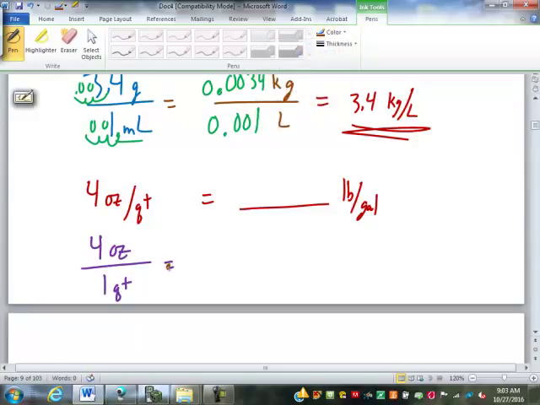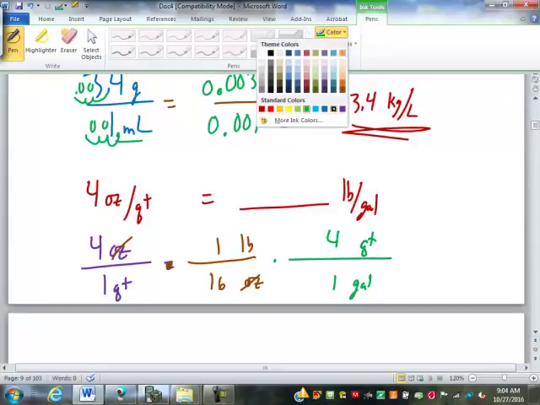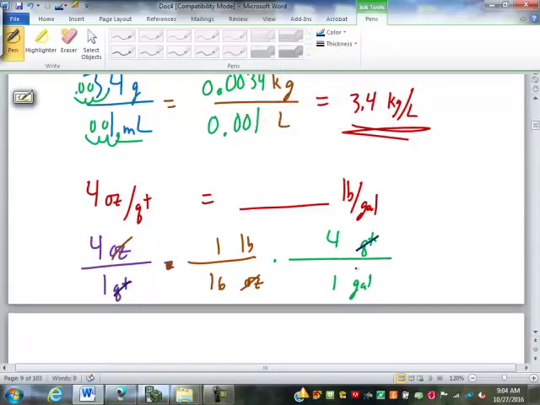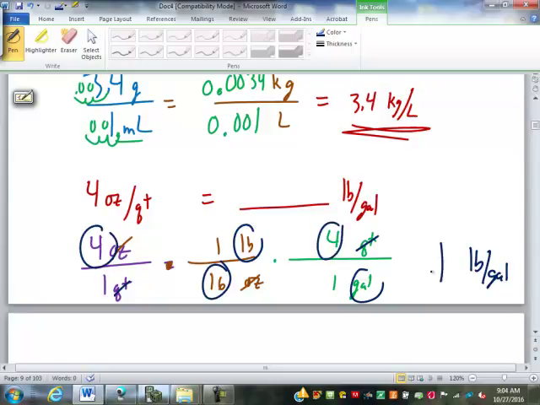Since these are standard units, we're going to have to go ahead and do these conversions. 1 pound to 16 ounces, that gets rid of the ounces. And we're going to have quarts and gallons. 1 gallon is 4 quarts. So the quarts are gone. We have pounds per gallon. 4 divided by 16 times 4 gives me 1. So that's 1 pound per gallon, or 16 ounces per gallon.